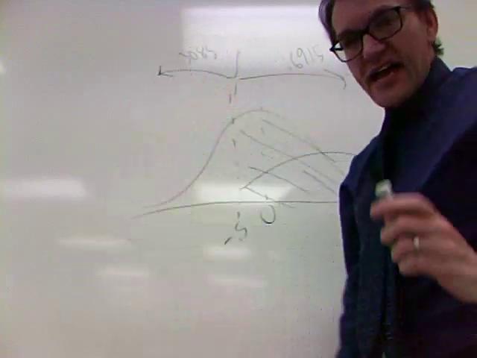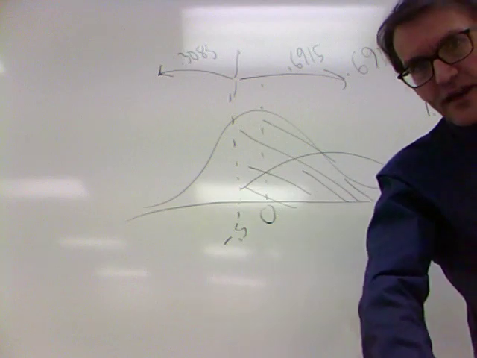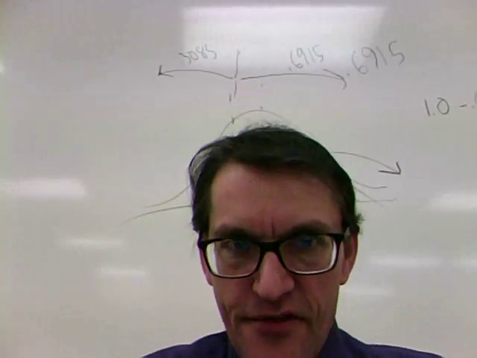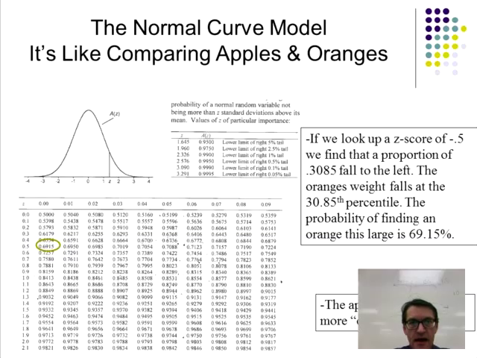And so we could say, you know what, this orange falls at the 30.85th percentile, or this orange is larger than 30.85% of oranges.